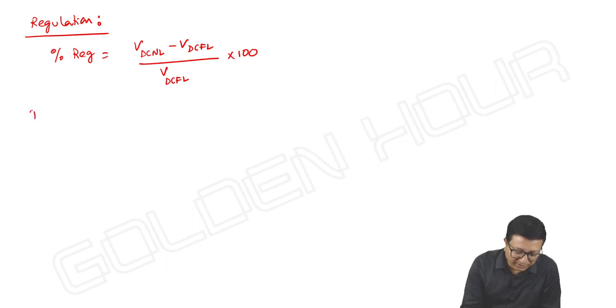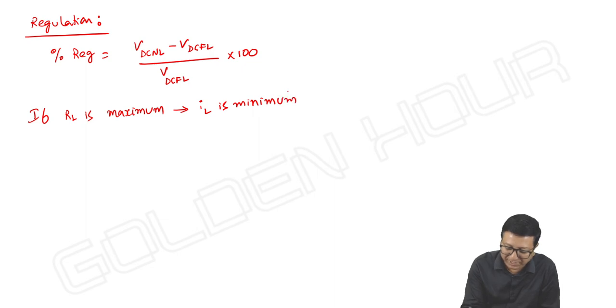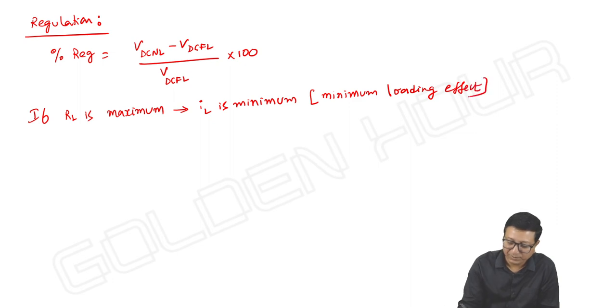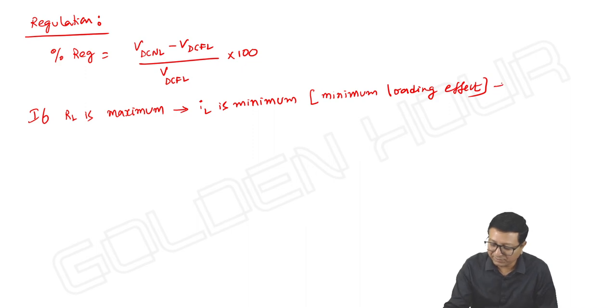So here, if RL is maximum, then IL is minimum. If IL is minimum, I can say minimum loading effect. If IL is minimum, then V0 is maximum.